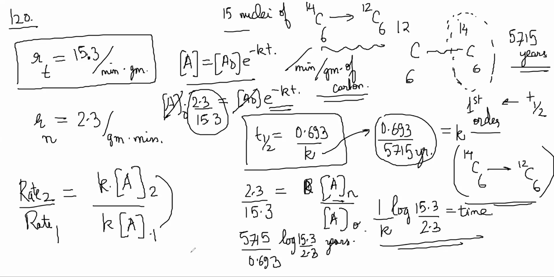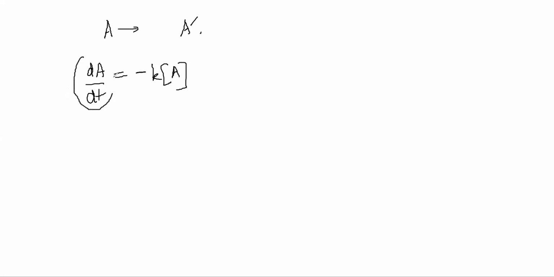So just a quick recap. Suppose you have A and it becomes A dash. The rate law for this, dA by dt, will be minus k into A. This is the rate of decay, right? This was given to be 15.3 in living things and 2.3 right now.